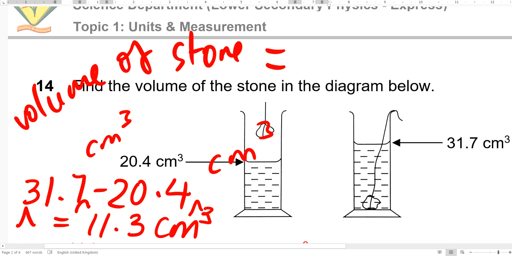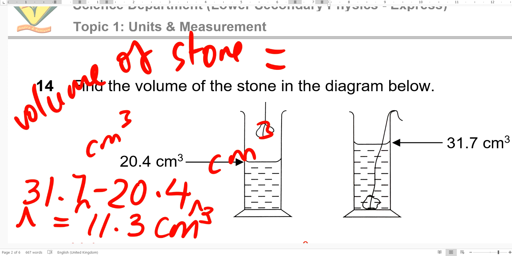Okay. Are these three words important? Volume of stone? Does it help the marker understand what you are doing? Then it's important. If you throw me a bunch of numbers, to me it's mathematics, I don't know what you're doing.